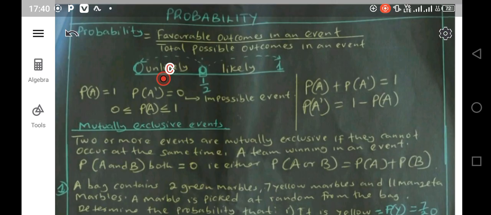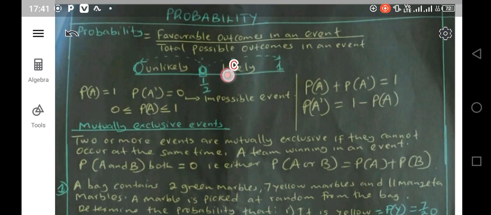For example, being absent from school on examination day is an unlikely event, because most students are likely to attend that examination. Another one, scoring 100% in every examination. It is not likely that you can score 100% in each and every examination, so that one is unlikely. Unlikely events fall between the range of 0 to half in this probability range.